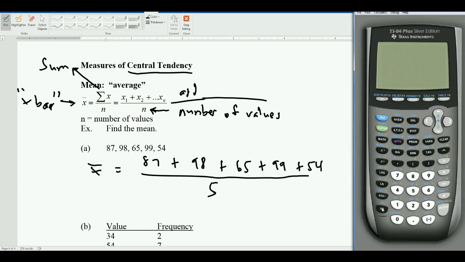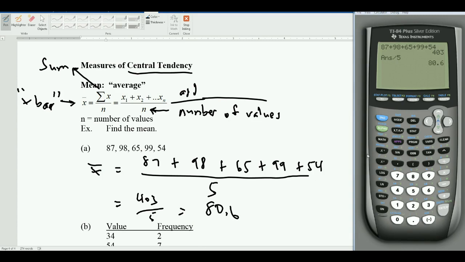I'm going to bring up my calculator and type these in. 87 plus 98 plus 65 plus 99 plus 54. And we get 403. I'm just going to divide that by 5. Probably get 80.6 if I had to guess.